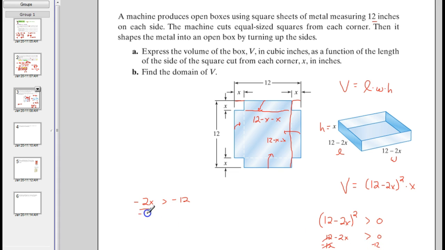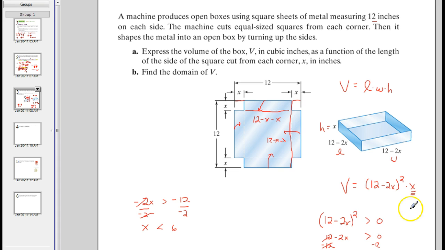Alright, divide both sides by negative 2. And I get x is 6, but the inequality has to be flipped from greater than to less than. Remember, for this part to be positive, x has to be greater than 0. And this part is saying we have to be less than 6.